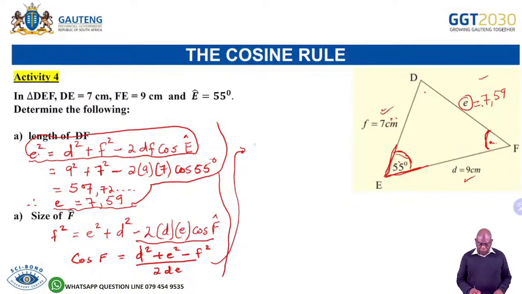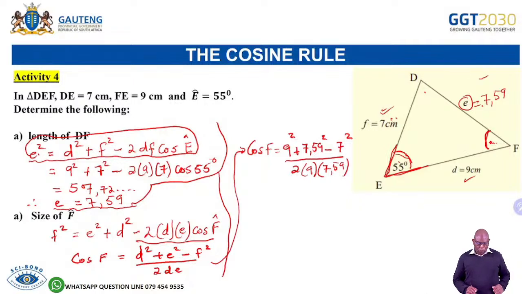So cos f equals 9 squared plus 7.59 squared minus 7 squared all over 2 times 9 times 7.59. So the d squared is 9, the e squared I got from the question here. Then I have my f, which is 7 squared.